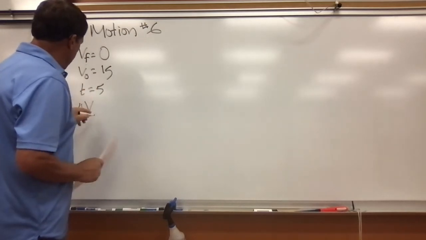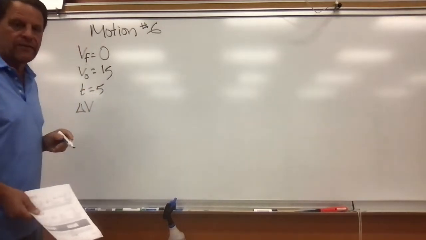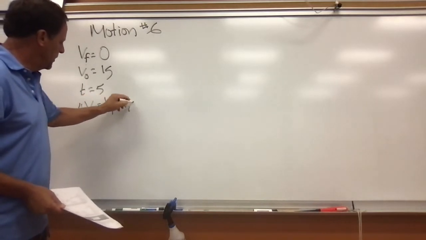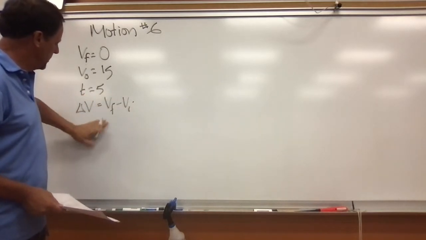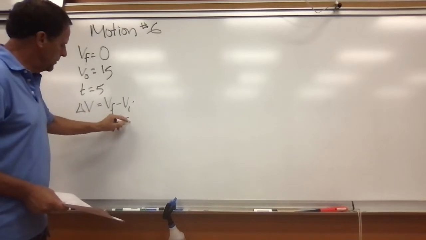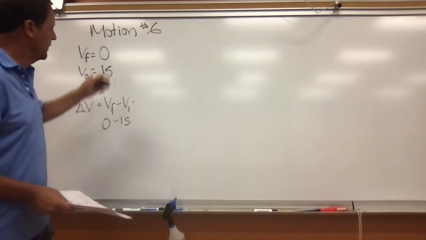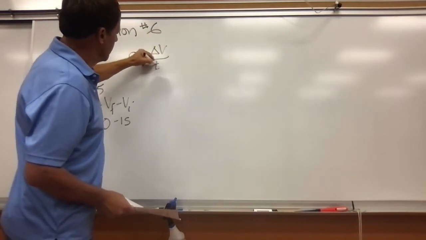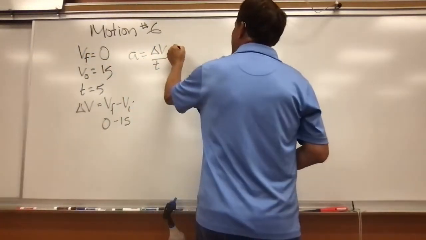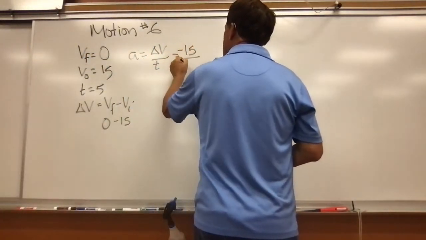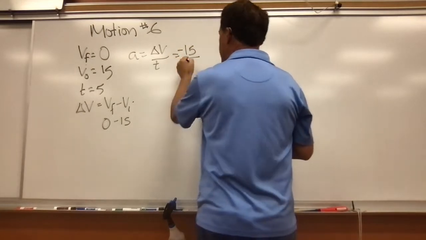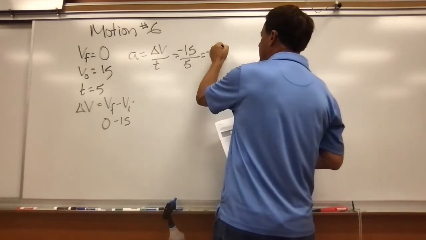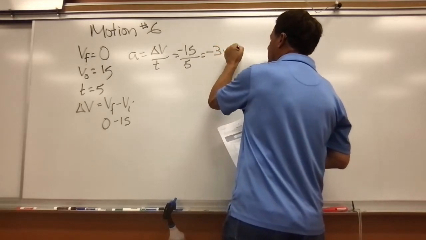So now it's asking you for the delta V there, and that's going to be V final minus V initial, which is going to be 0 minus 15. Now, you guys, we know the acceleration is delta V over T, so we're going to get negative 15 over 5, and our acceleration is negative 3 meters per second squared.